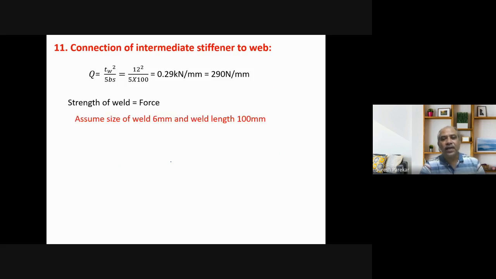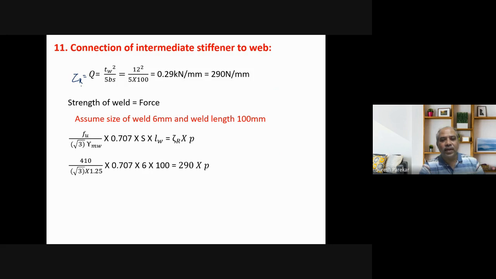And then we have strength of the weld, that is equal to force, which already we have seen for connection between flange and web. So we will consider 6 because our thickness is 12 only, and weld length 100. Then we have this in same way. So we have this tau r. So now this is my value of tau r, and we will go with this.